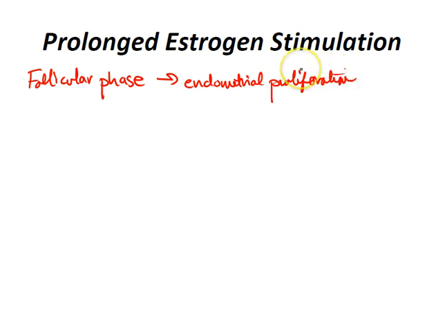So if you get stimulated by estrogen too long, you could easily end up with endometrial cancer. Thus, increased estrogen causes endometrial hyperplasia, which is a risk for endometrial carcinoma.